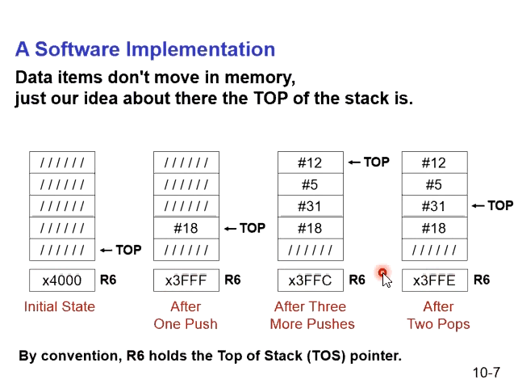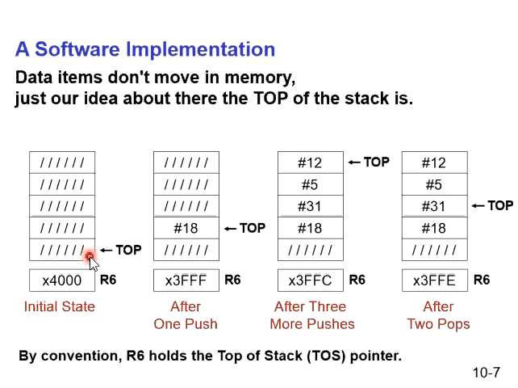With the software implementation, over here now you see the initial state for the stack. With the LC3 we use the register R6. It stores the top of stack. Over here the stack is empty, so top points to this memory location.